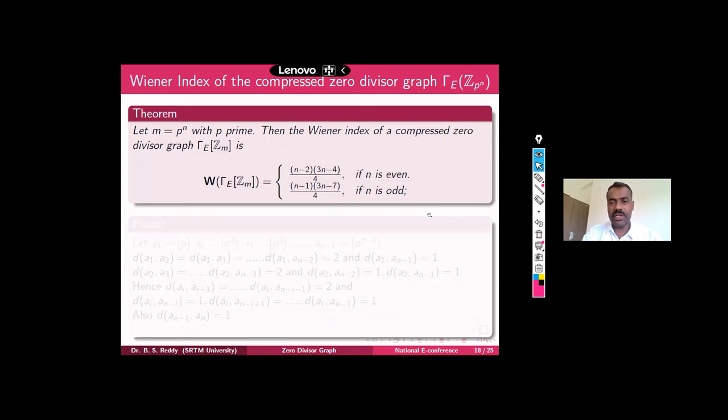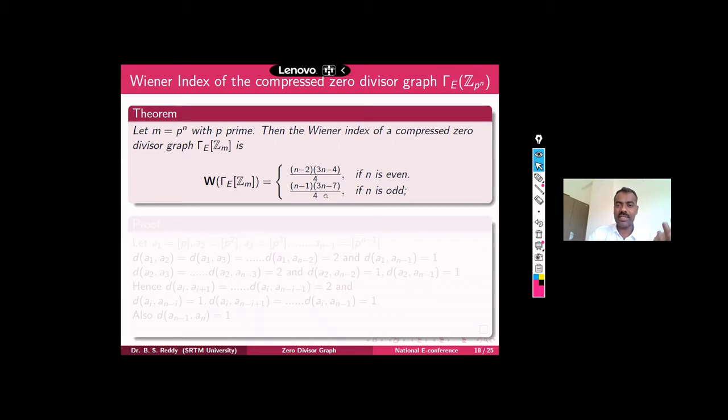Now I can quickly explain how we have calculated the Wiener index of the compressed zero divisor graph of Zp power n. So if you take any prime and any natural number, then you consider m, which is p power n, then the Wiener index is calculated: if n is even, it is (n minus 2) into (3n minus 4) upon 4.